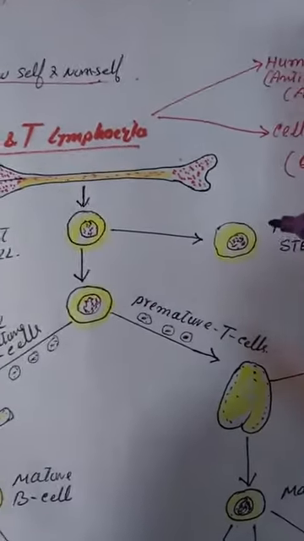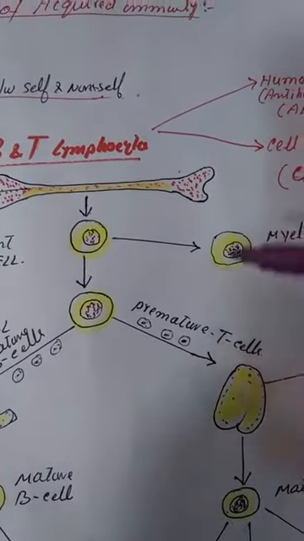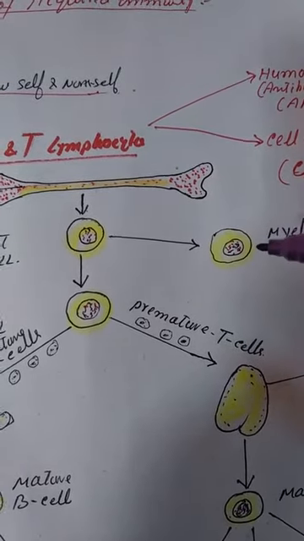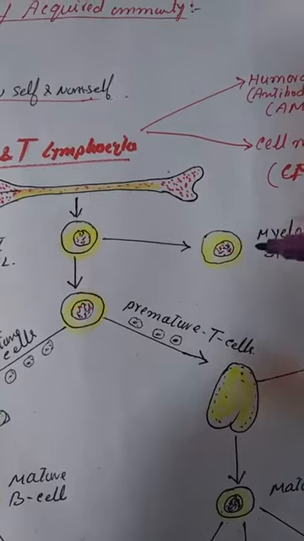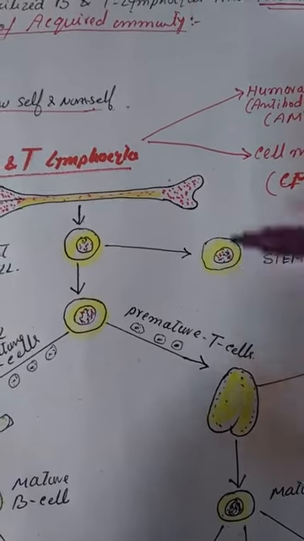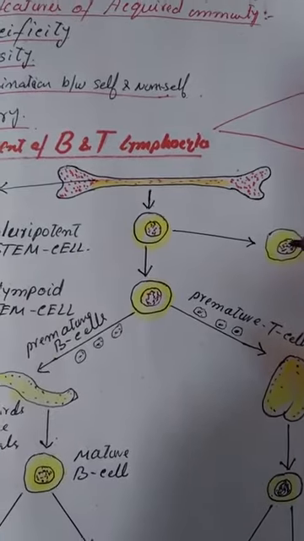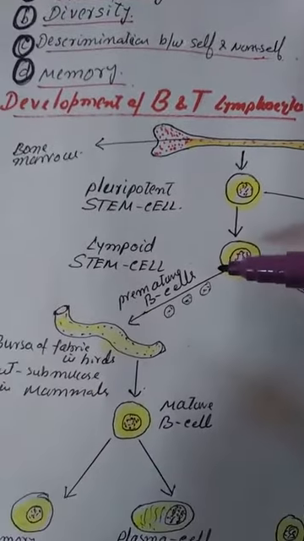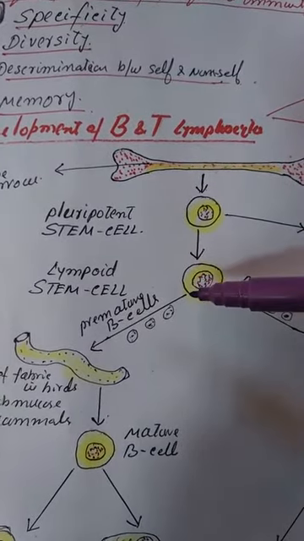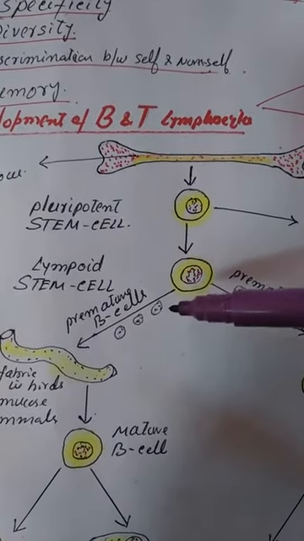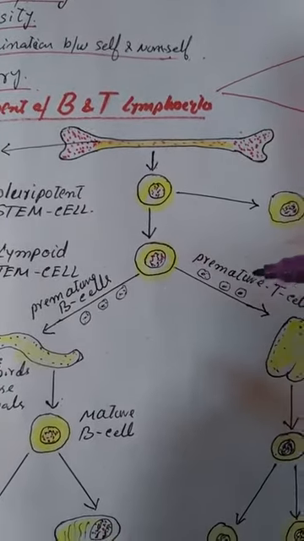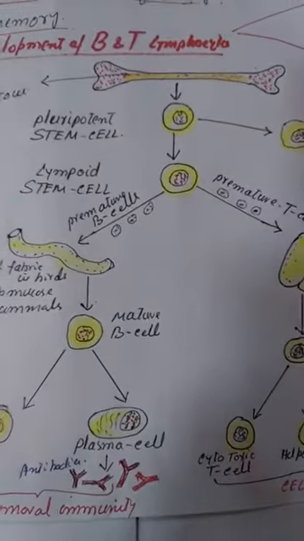The myeloid stem cells differentiate and develop into blood cells like erythrocytes, thrombocytes or platelets, monocytes, macrophages, neutrophils, basophils, eosinophils, etc. Whereas the lymphoid stem cells differentiate and develop into T lymphocytes, B lymphocytes and natural killer cells.